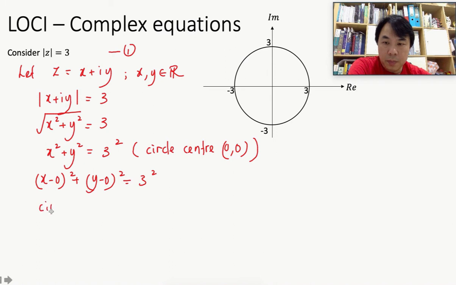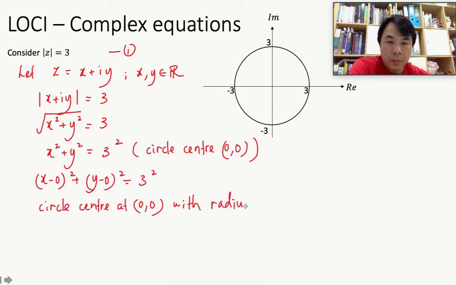So this is a circle, center at 0, 0 with a radius of 3 units from the center itself. So I hope that is clear at this point.